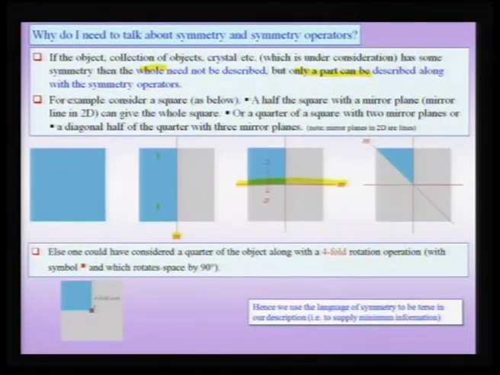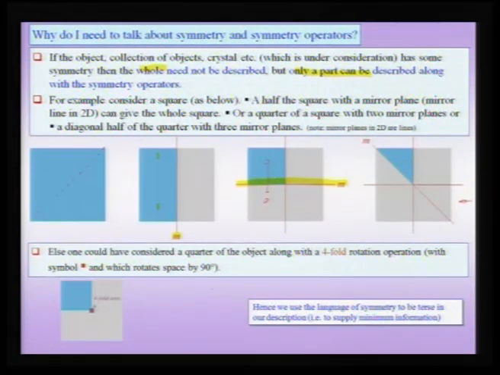Additionally, if I notice, this object has a diagonal mirror, which is shown in the figure on the right hand side. So, further, I do not have to describe the entire quarter of the square; I can describe one triangle in conjunction with this mirror, which will produce this square.